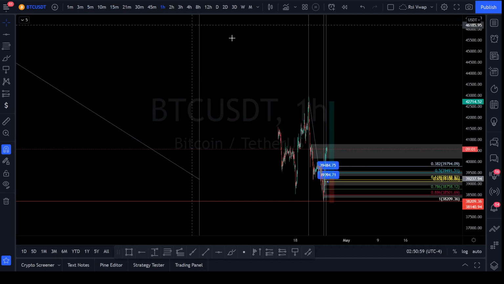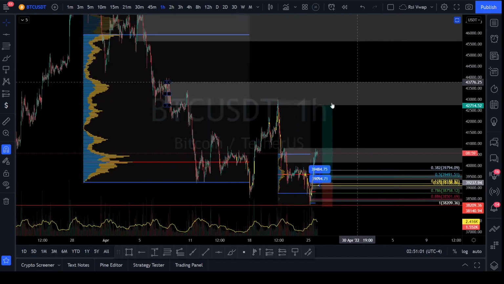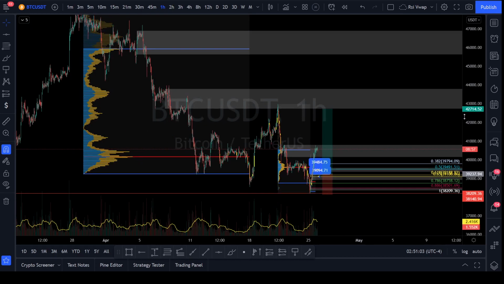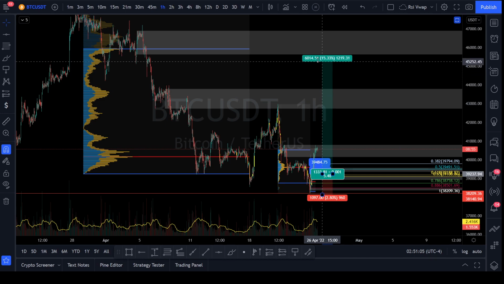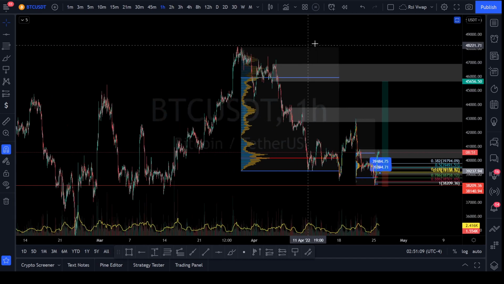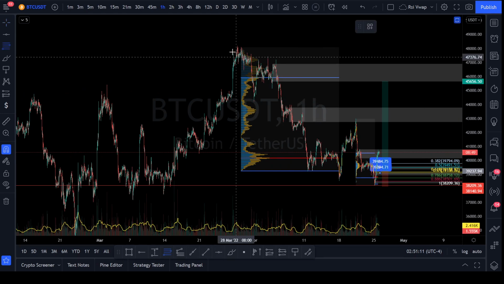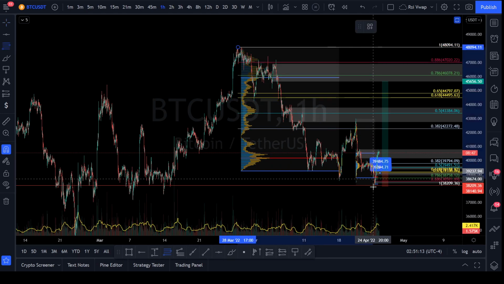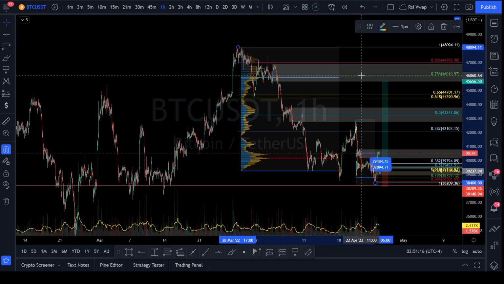Now let's zoom into a higher time frame. The next target we'd be looking at would be up here. And then let me pull some Fibonacci's here from high to low. And you'd have confluence between the 786 and the 886.